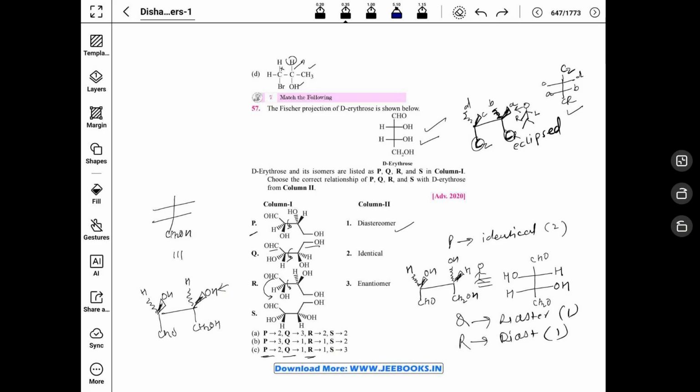So this is your OH and OH left side, and hydrogen. Okay, so what is the relationship between these and these? You can see that D-erythrose and S are enantiomers. These are the mirror images of each other, non-superimposable mirror images. So S is an enantiomer. So 3. So the correct answer is C.